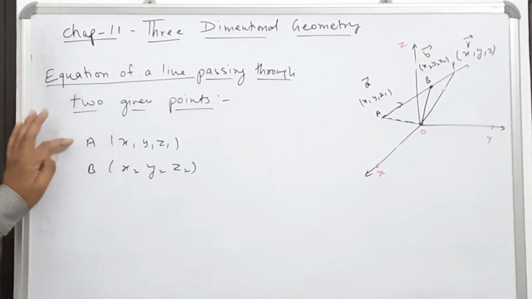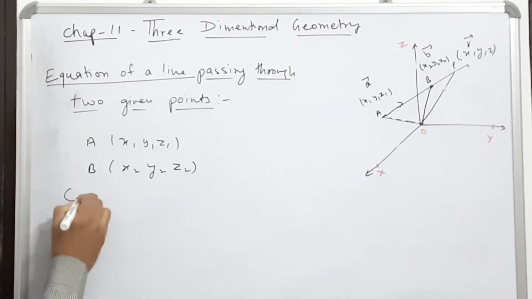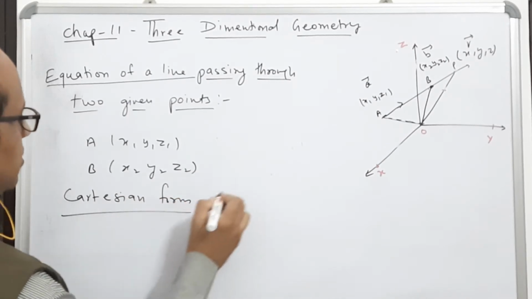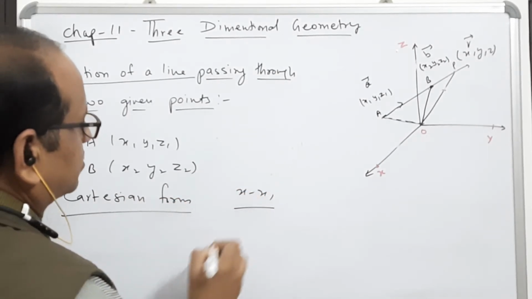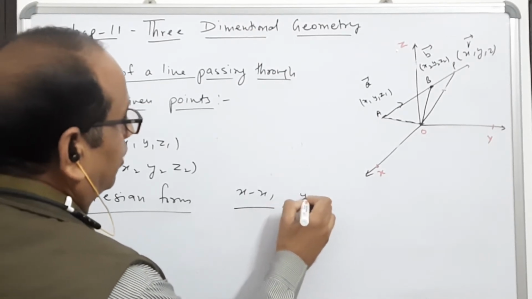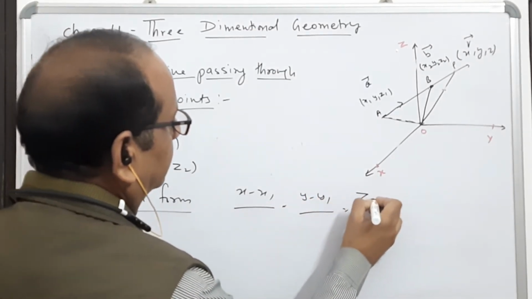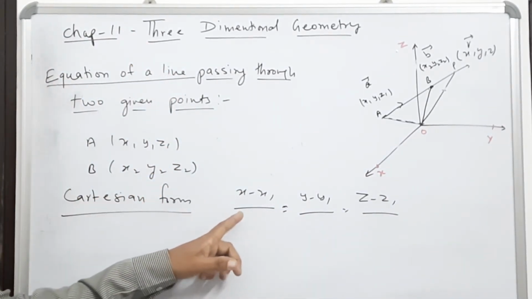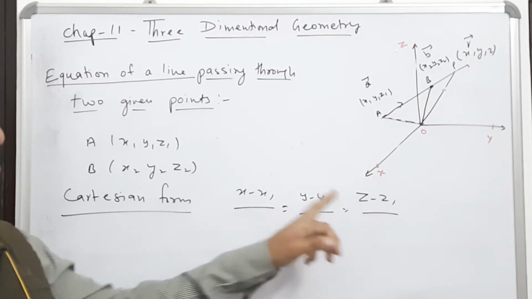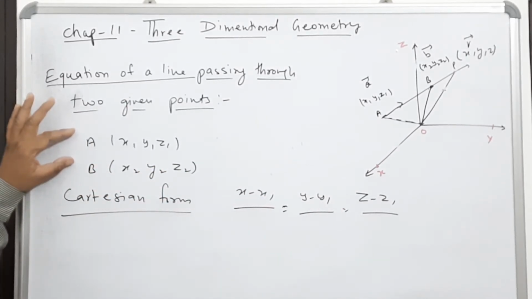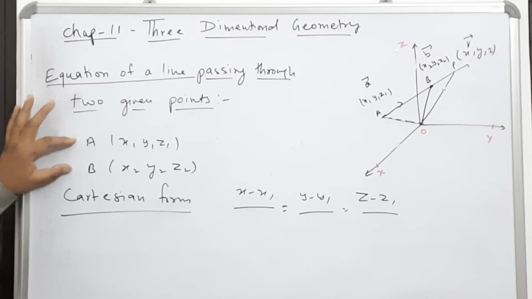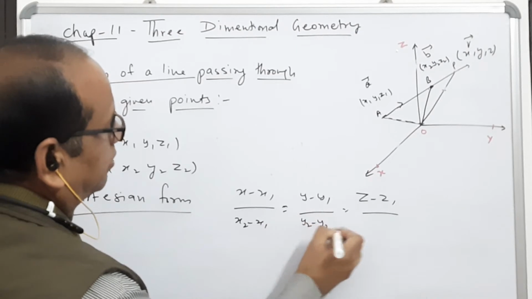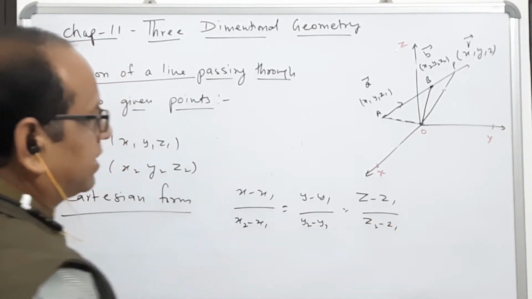So the equation of the line in the Cartesian form, first I am taking Cartesian form, is (x minus x1) upon a, (y minus y1) upon b, and (z minus z1) upon c. Now you see here a, b and c. So what will be the direction ratio of the line joining these 2 points that we already studied? So x2 minus x1, y2 minus y1 and z2 minus z1.